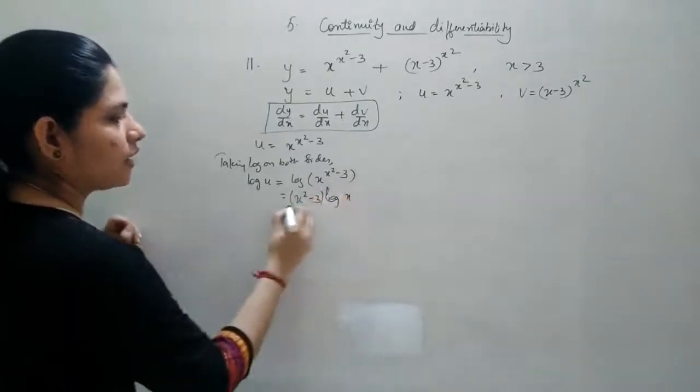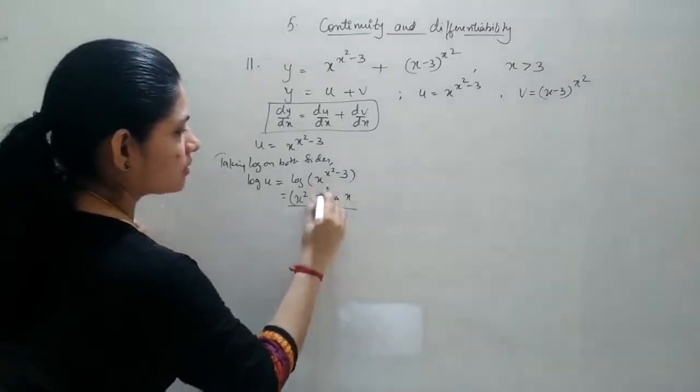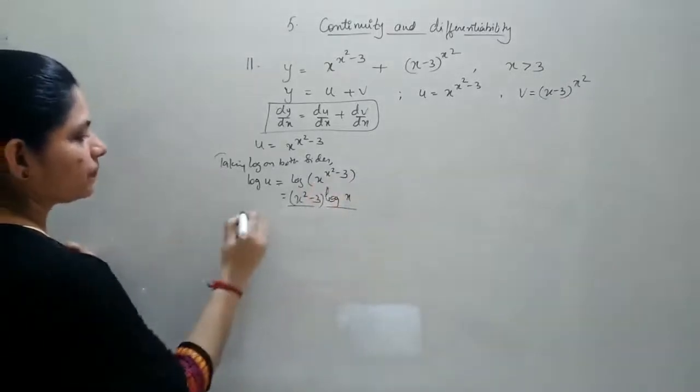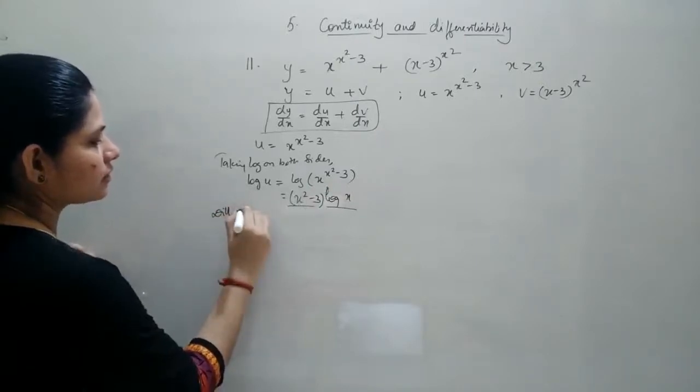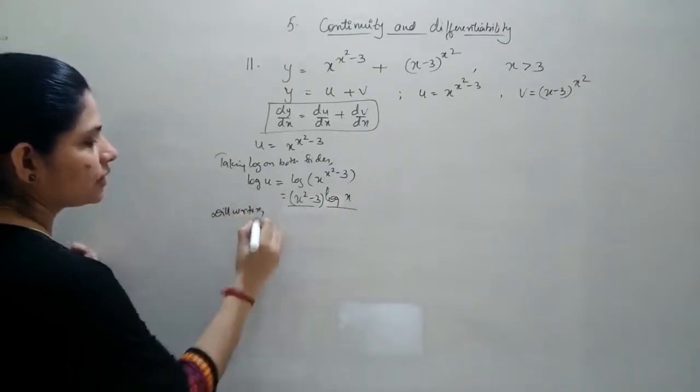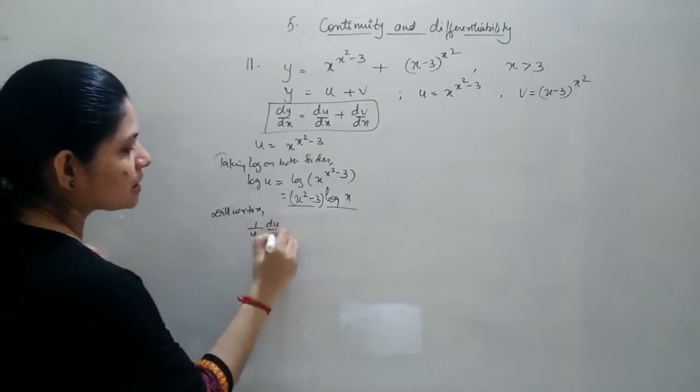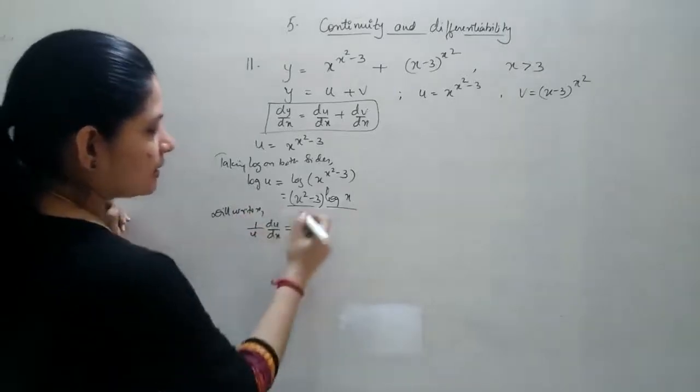Okay, again this is one term, this is another. Use your product rule. Differentiating with respect to x, you will get 1 by u du by dx in the left hand side, and here product rule.